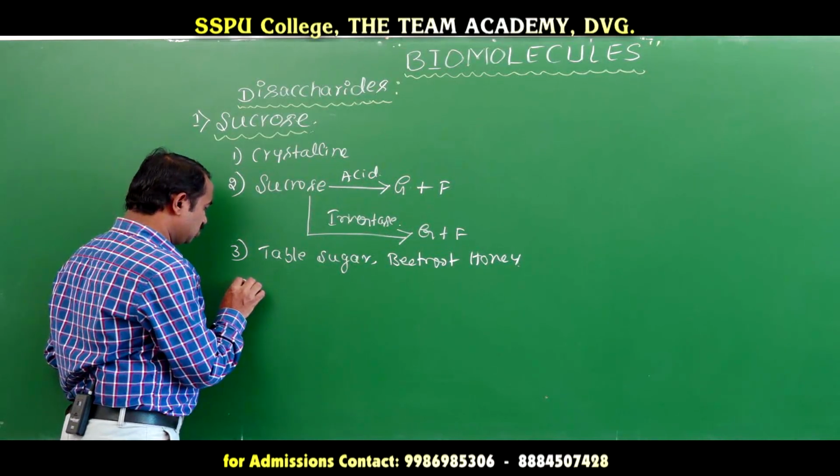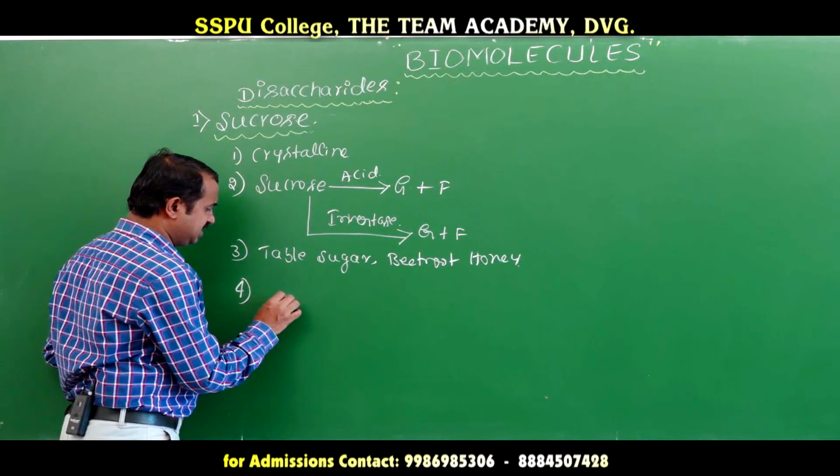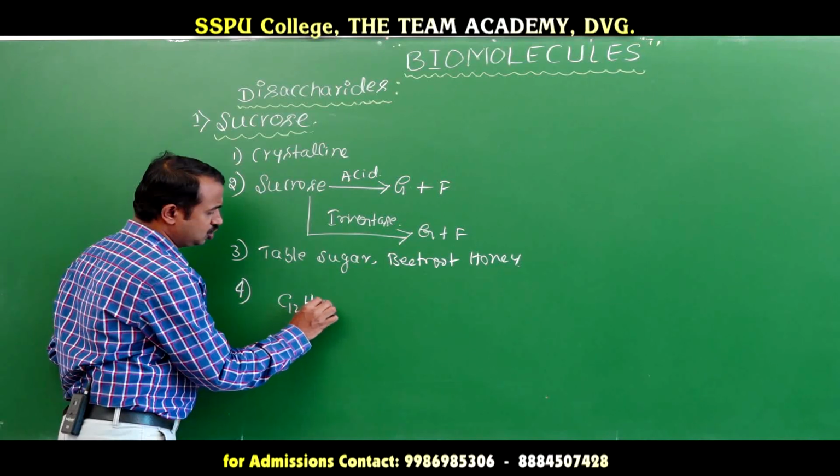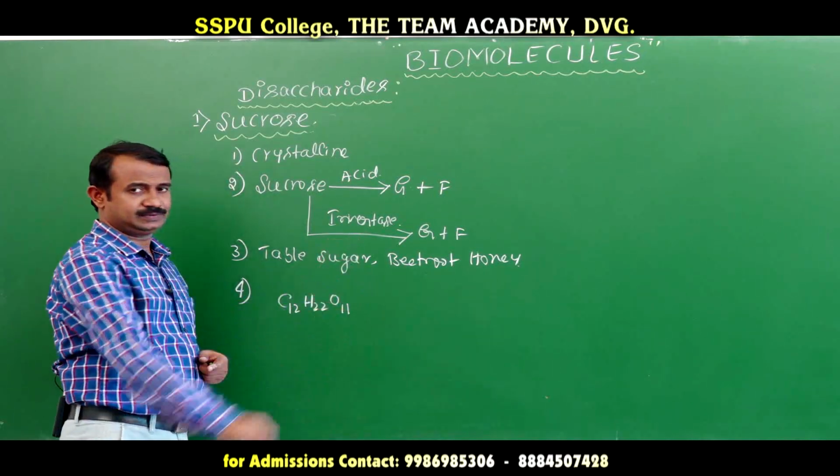The general formula of sucrose is C12H22O11.